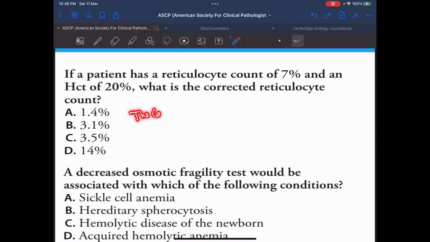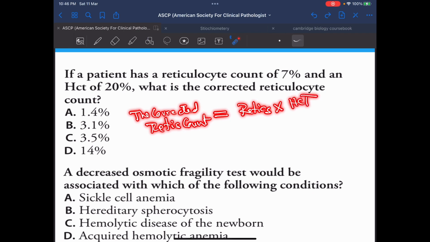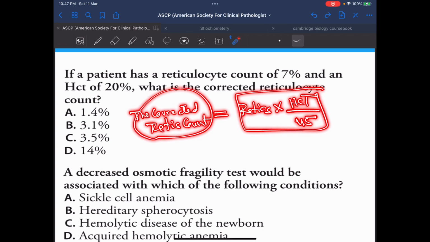Okay, the corrected reticulocyte count uses the following equation: retics count multiplied by hematocrit and divided by 45.